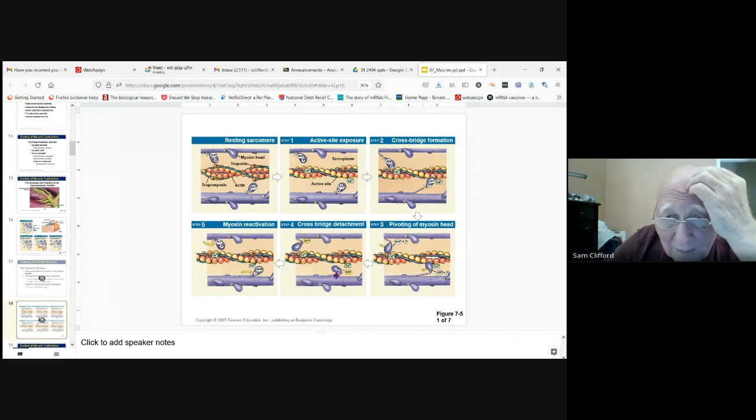As soon as that happens, the myosin heads detach from the actin myosin sites. ATP then recharges the energy and cocks the myosin head. And as long as there's ATP and calcium is present, the contraction will follow the pivoting of the attached myosin heads. And then as long as there's ATP around, the muscle can contract.